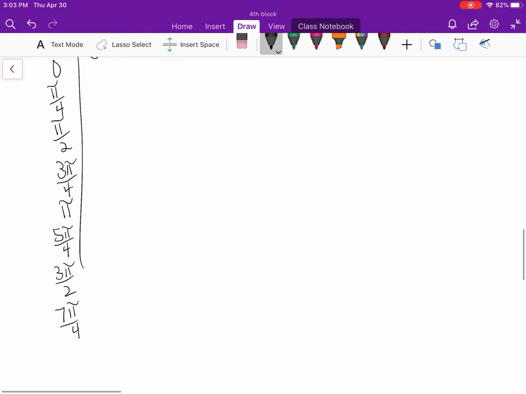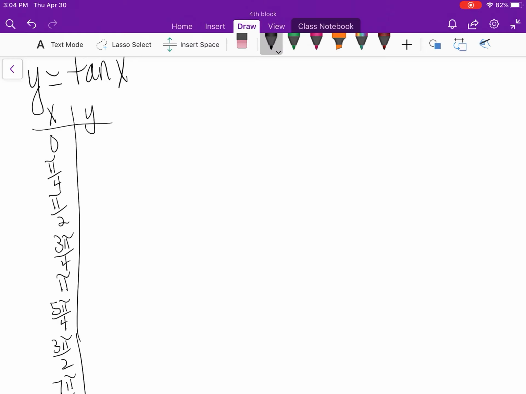Okay, filling this t-chart out so we can get the shape of the basic graph. Remember, how do we find tangent on our unit circle? Yeah, tangent's y over x.